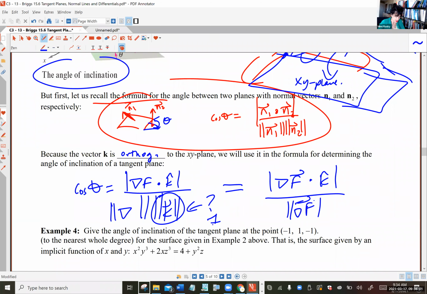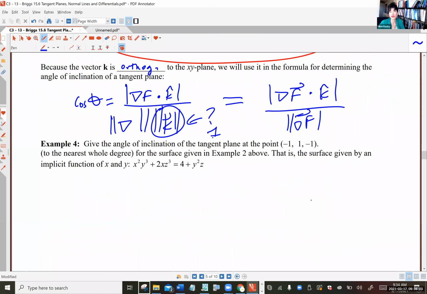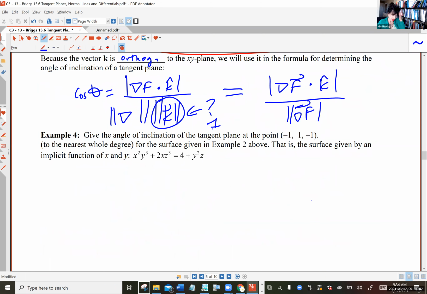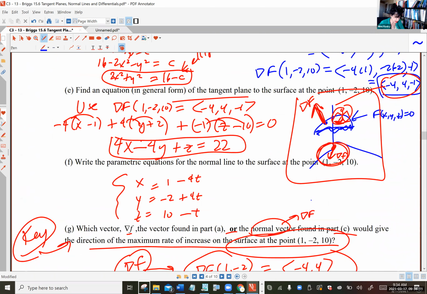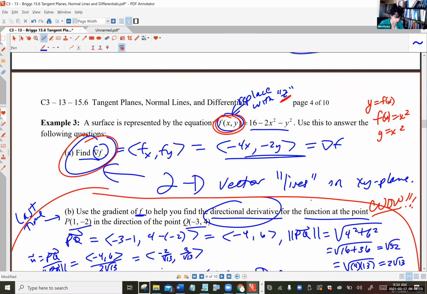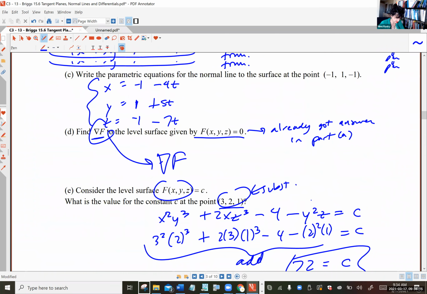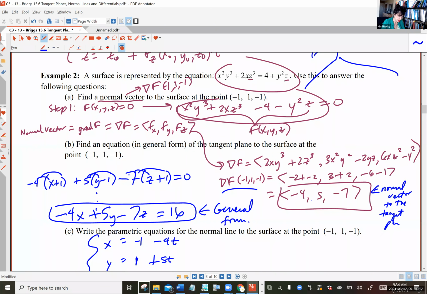Okay, so now let's do one problem involving angle of inclination. The example 2 that we did way back, not the last example, let's find the angle of inclination of the tangent plane that we found in part B with the horizontal.